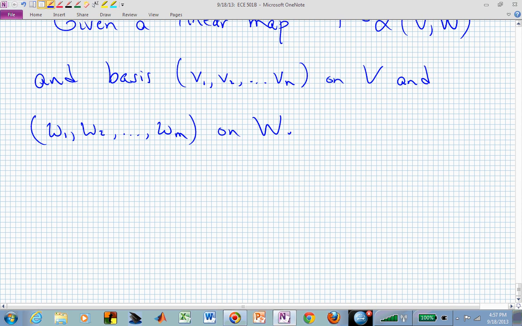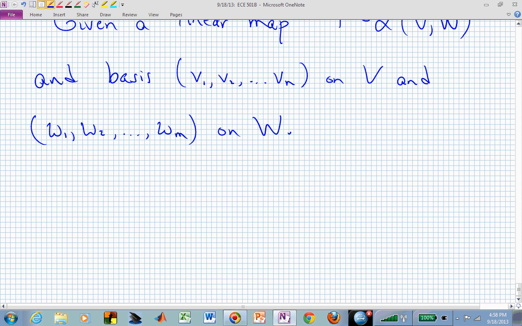So as long as these V's up to V_n and W's up to W_m, depending on what those sizes are, they have to be linearly independent and they have to span that space. That's all they have to be for a basis set. They don't have to be the standard basis. But if you get confused, just draw an example from the standard basis. If V was R4, then V1 would be (1, 0, 0, 0).